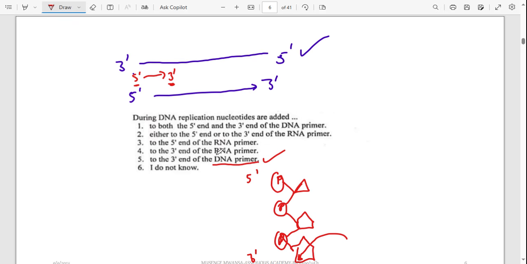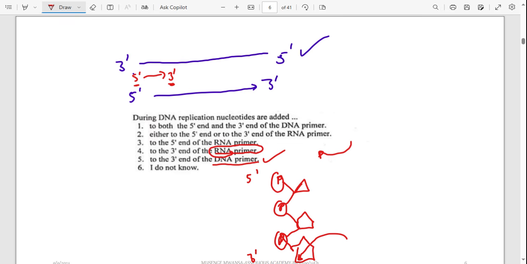So we are going to be adding nucleotides to the RNA primer. Okay, that's the first thing that we do. But then to continue the process, we are going to be adding to the one end, and that one end has got DNA. Hope we understand this very well.